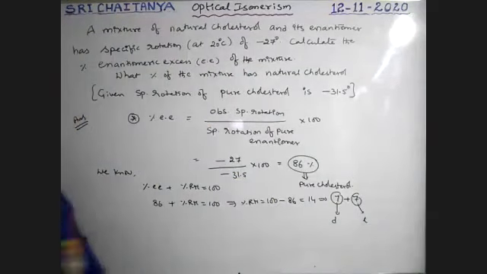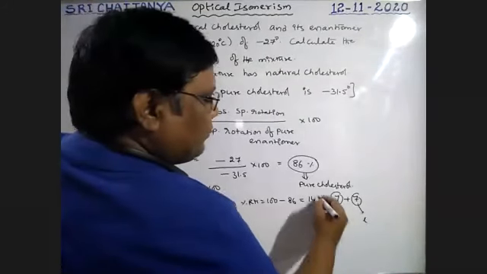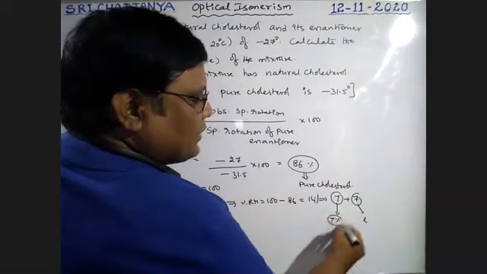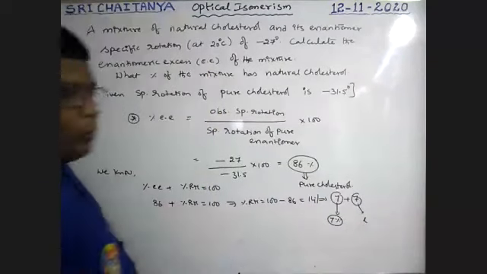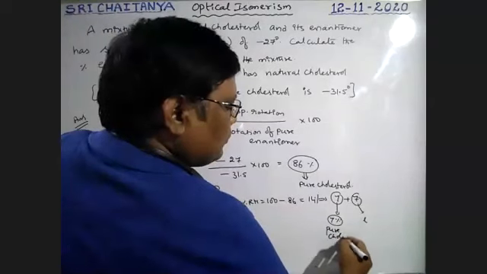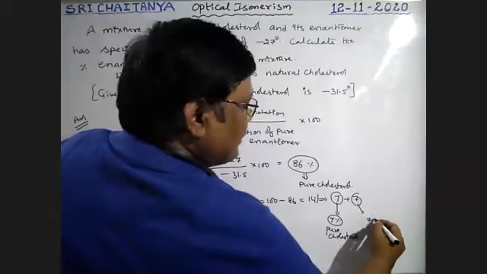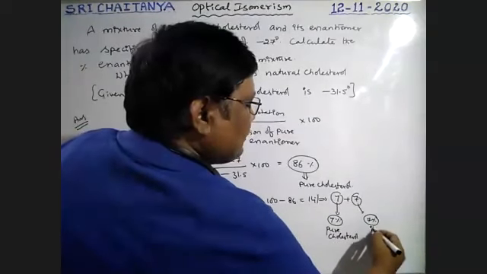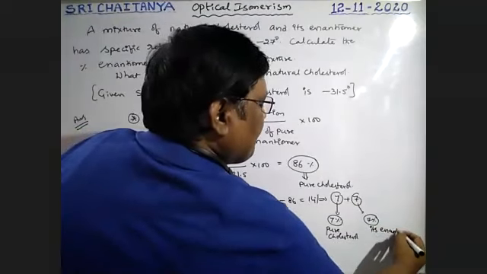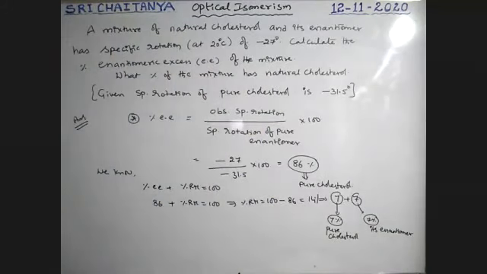Okay, so that means one is 7%. That 7% is pure cholesterol, and the other 7% is its enantiomer.